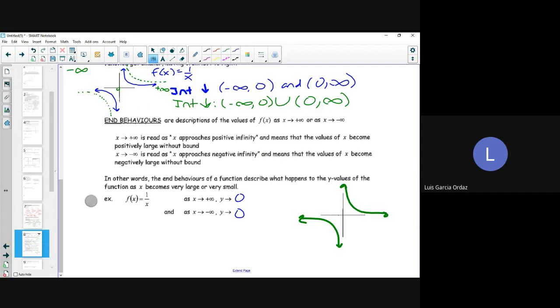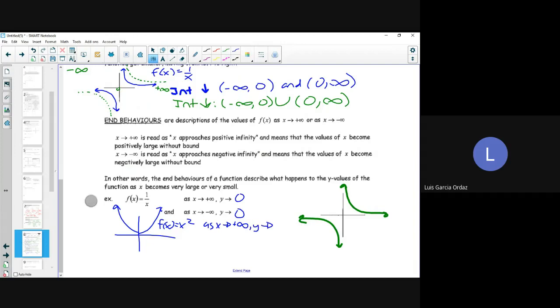So I'm going to do another example with you guys. Let's do f of x is equal to x squared. We're going to do both of the cases. As x approaches positive infinity, as x approaches the positive x values to the right, y approaches what?